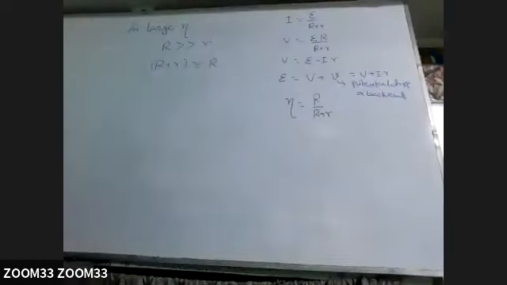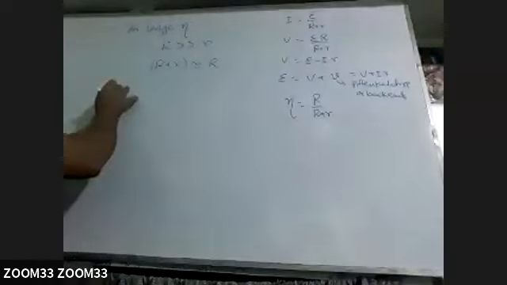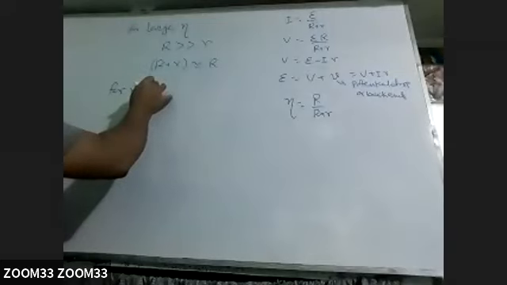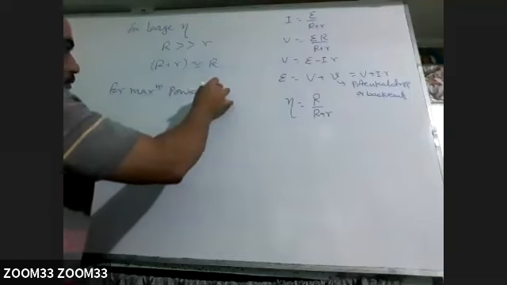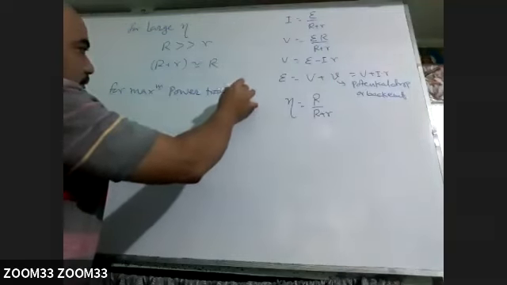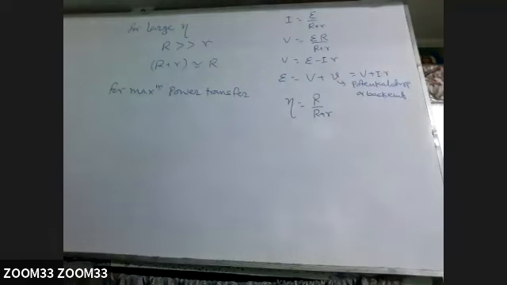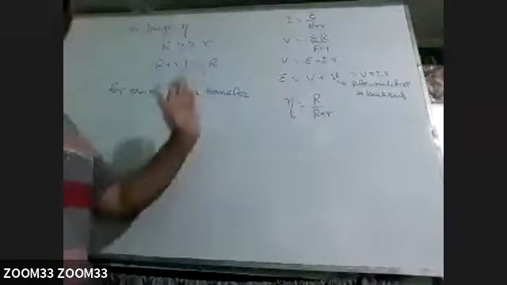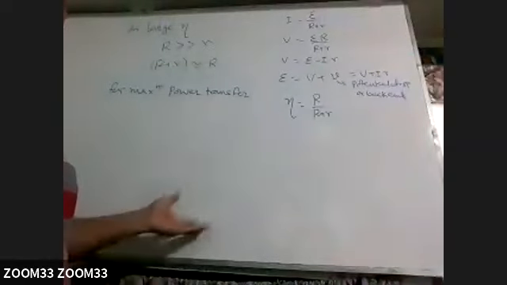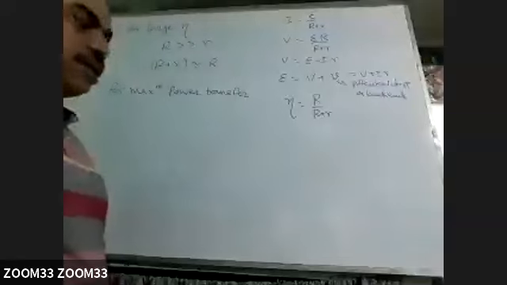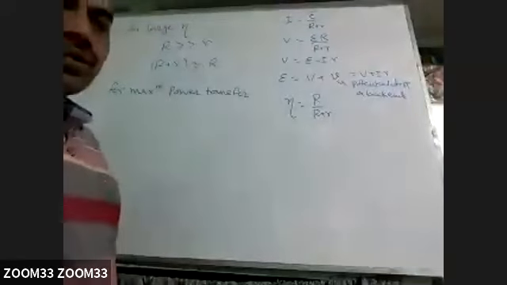Now, for maximum power transfer, that is, the source will be able to transfer the power, or the rate of energy transmission, the rate by which energy is transmitted from the source to the load.